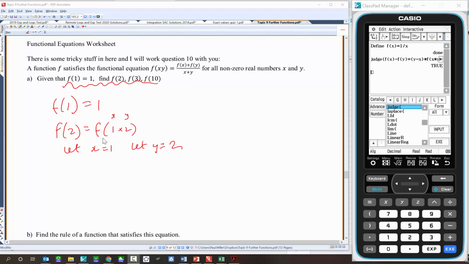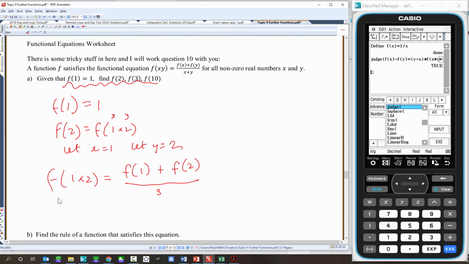So I've got f of xy, and these are the values I'm going to use. f of 1 times 2 is equal to f of x, in this case x is equal to 1, plus f of y, where y is equal to 2, over x plus y, which is 3.